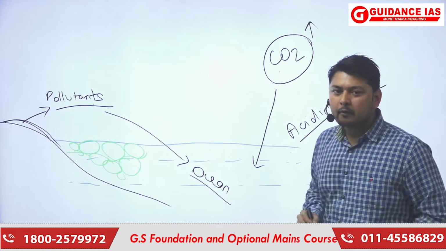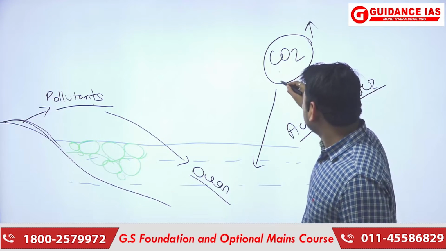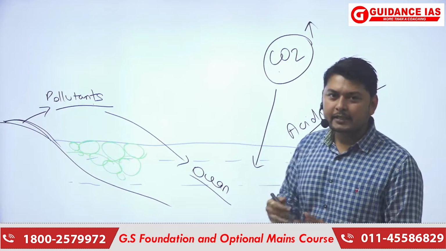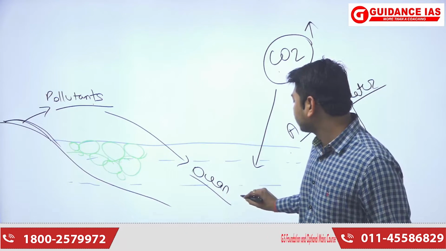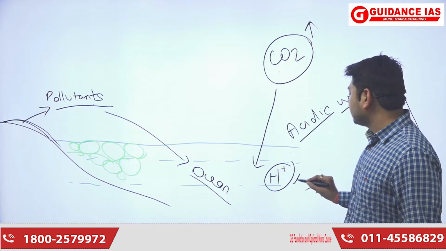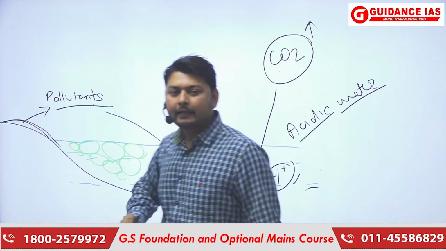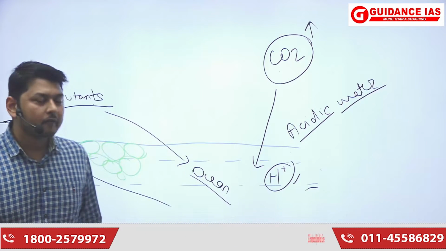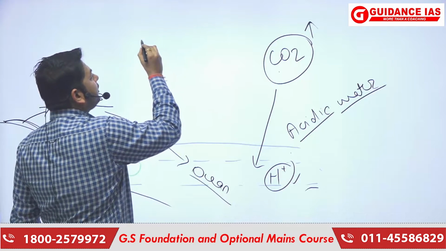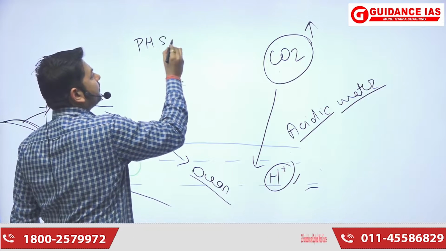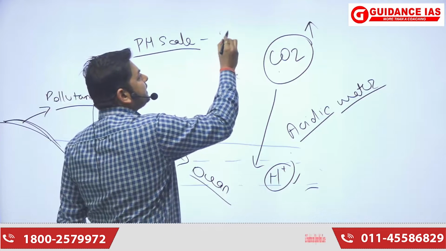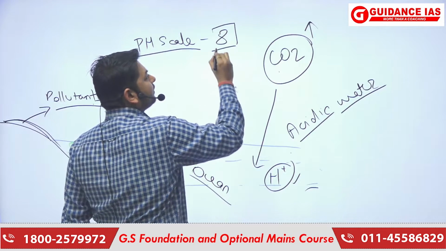Now, how is this acidic water formed? When CO2 and the pollutants are mixed, reactions take place inside the ocean. It leads to the formation of H+ ions, which increase the acidity of the ocean. On the pH scale, the ocean is around 8.